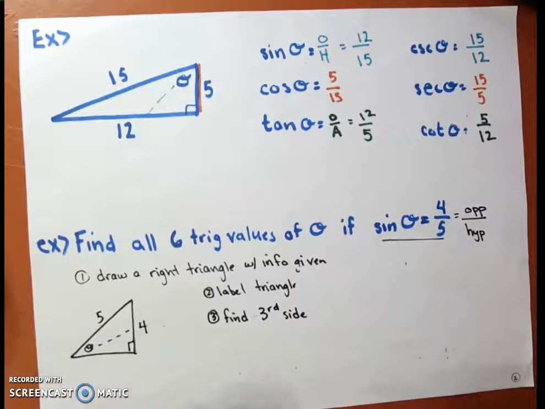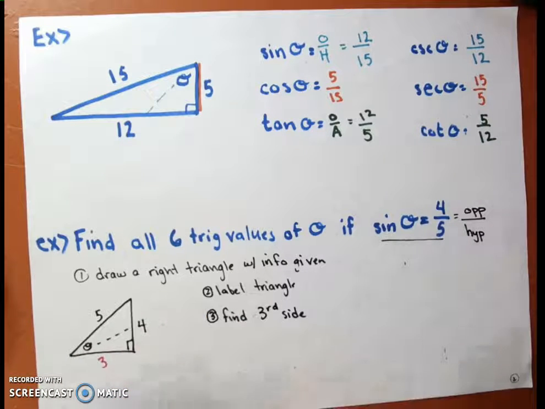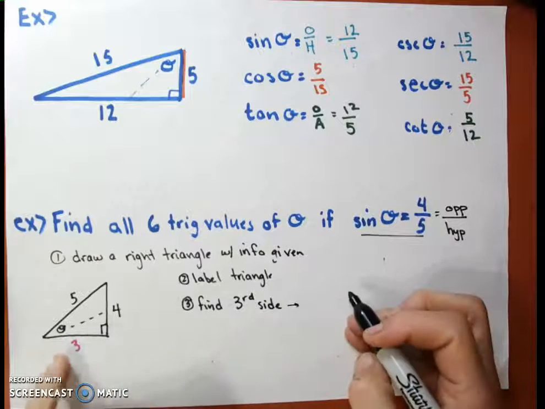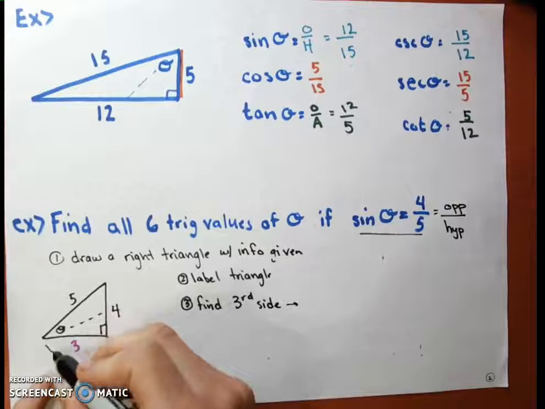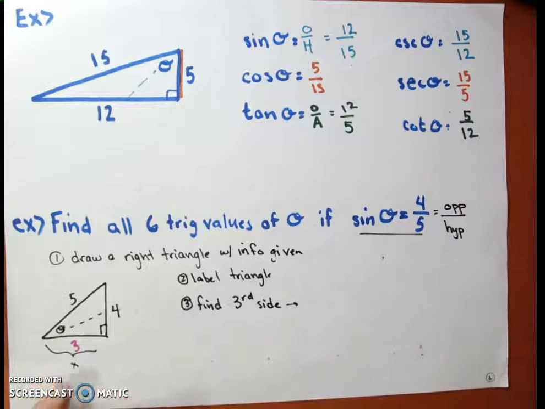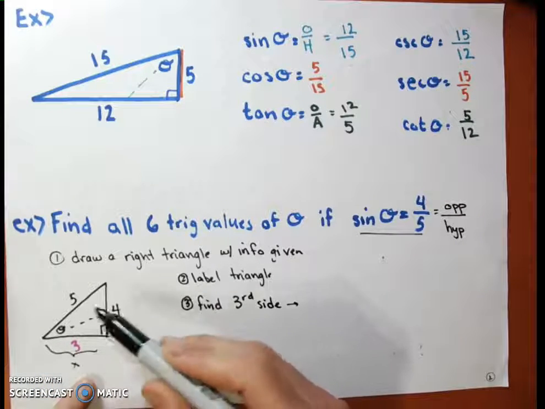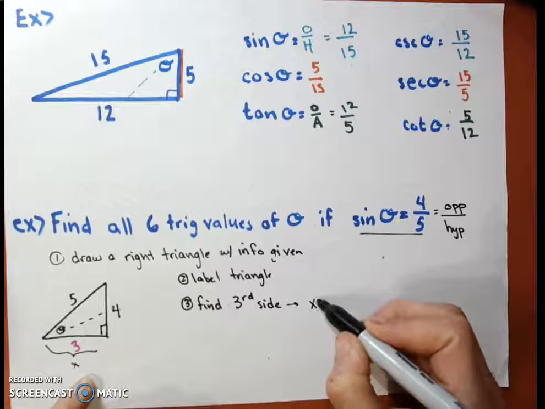In this particular triangle, I might recognize that it's a special right triangle, the 3, 4, 5 triangle. So I know off the bat that that one's got to be 3. If I didn't recognize that, I would use the Pythagorean theorem. So if I want to know this length, then because it's a right triangle, x squared plus 4 squared equals 5 squared, and I'll solve for x.